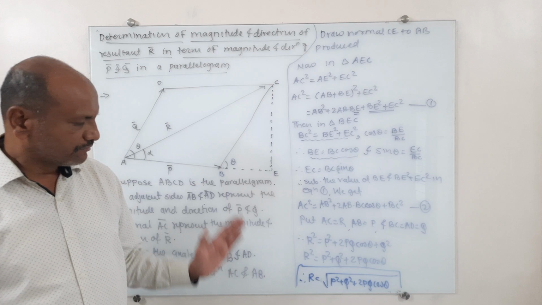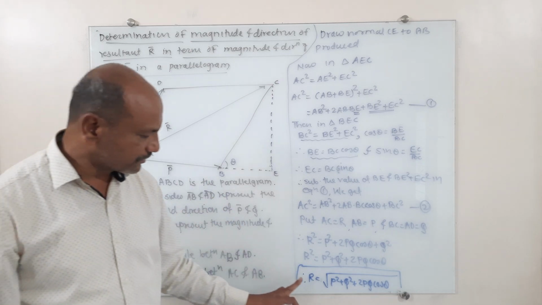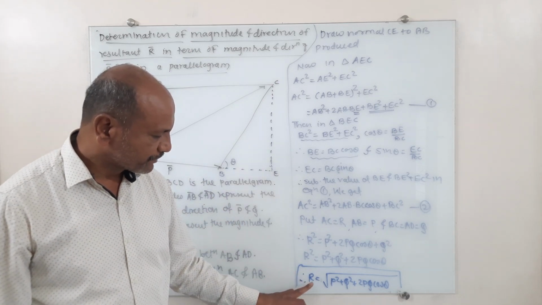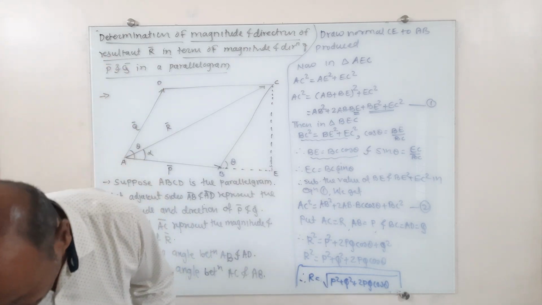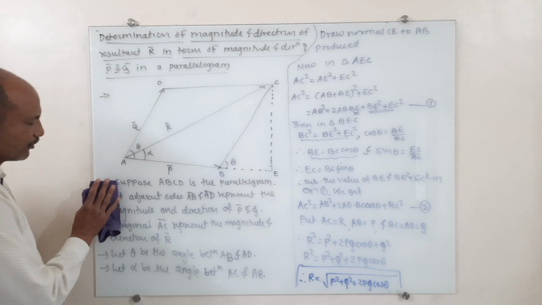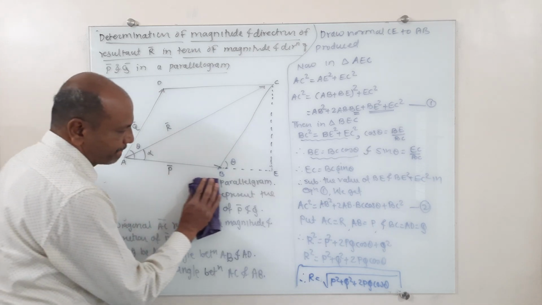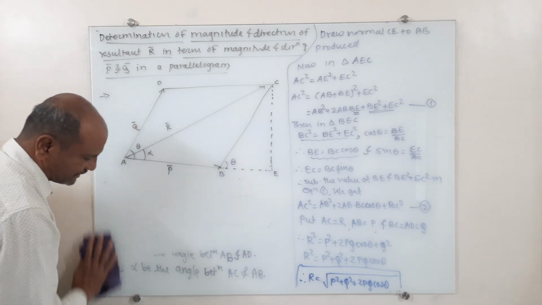In this way, we determine the magnitude of resultant R bar in terms of P and Q bar. Here we have two more cases.